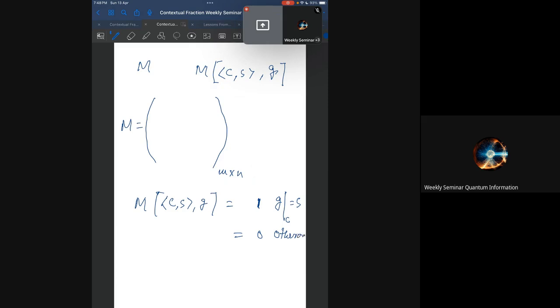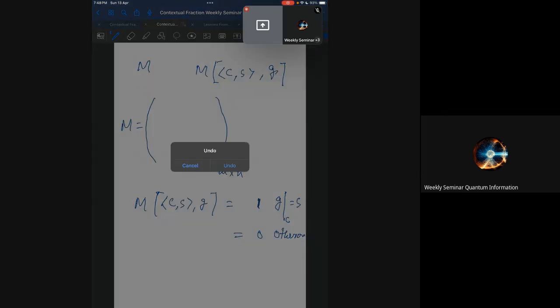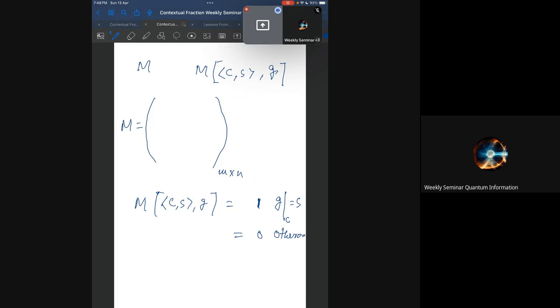Okay. So now I will introduce another thing, which is a vector, and this vector is some d, say. This vector lies in this n dimension. Why am I introducing it? Let's say I multiply this vector and get some other vector.